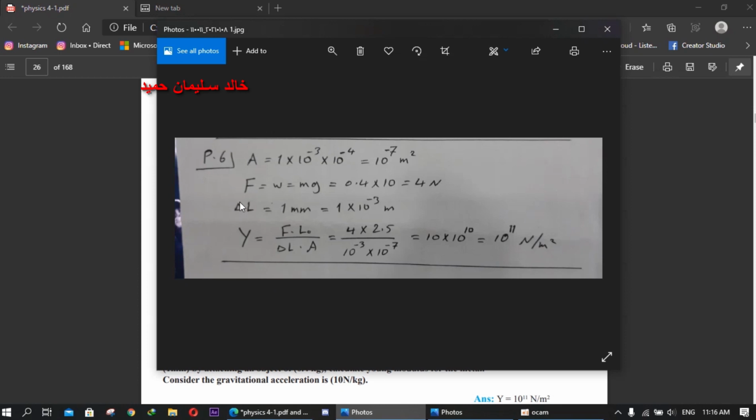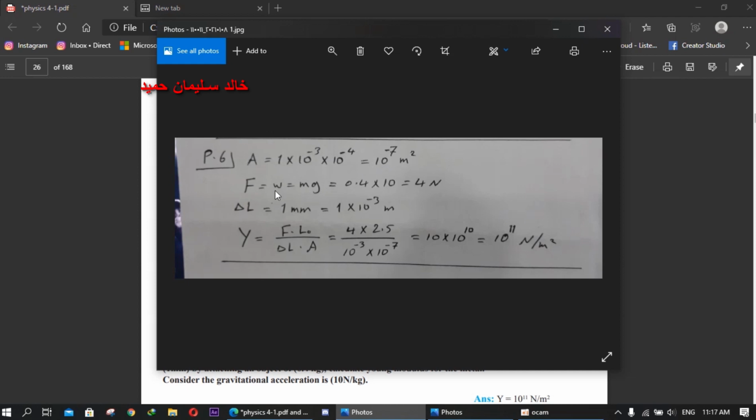To answer this problem, we have to find the area and the force in meter squared and in Newton. The area is 1 times 10 to the minus 3 times 10 to the minus 4. This number will convert the centimeter squared to square meter.